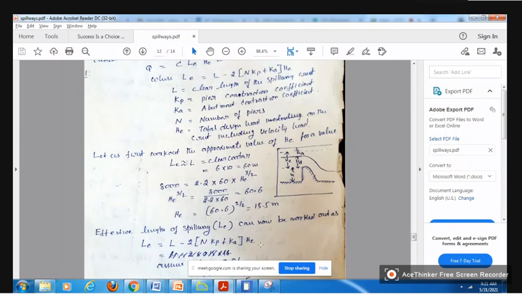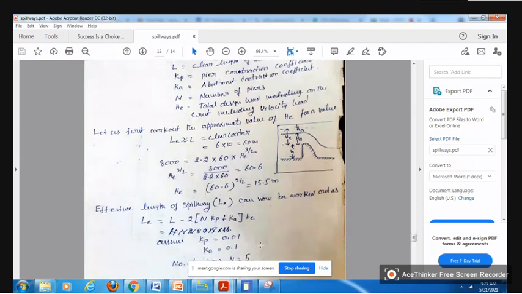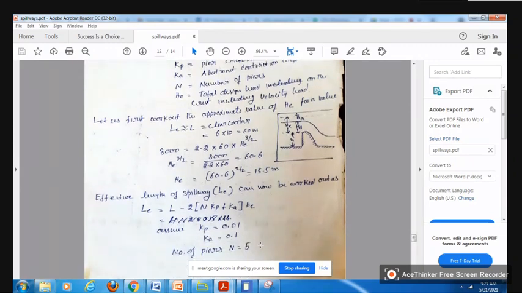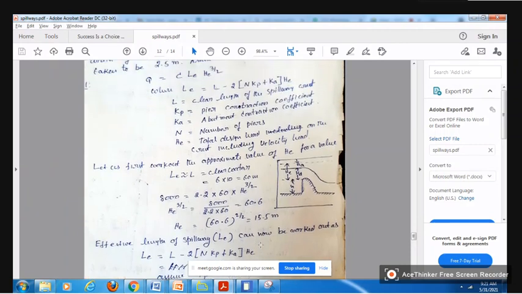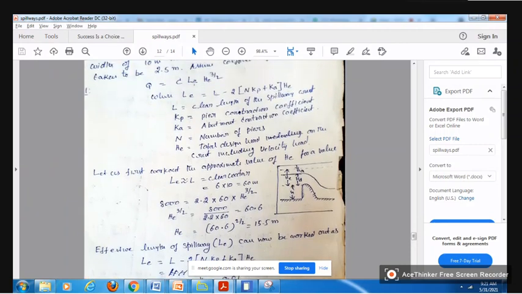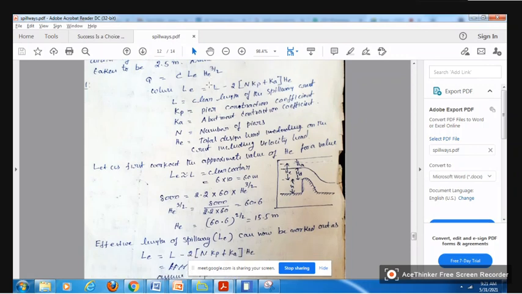So I can assume 60, and then I calculate LE, say for example, that is one trial. Then you substitute the LE value here, assume the HE value here, and check whether it is equal to Q or not. So that is the procedure, because HE is there in both equations.